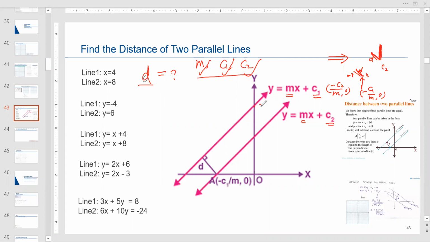So we know this point is 0, c1, and this one is 0, c2. And this part where we told m is the slope. Slope means this part over this part became m, right? And this part over this part became m. So just like I said, A, they already told you, here should be c2 over m, and this is B. This one is negative c1 over m, 0.